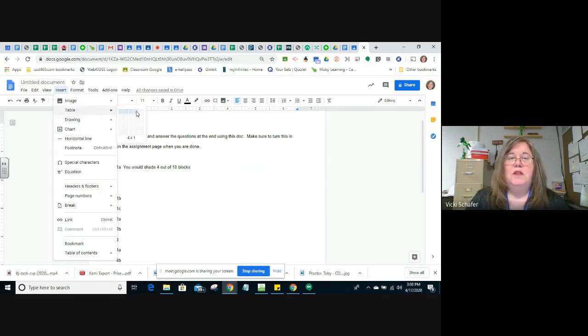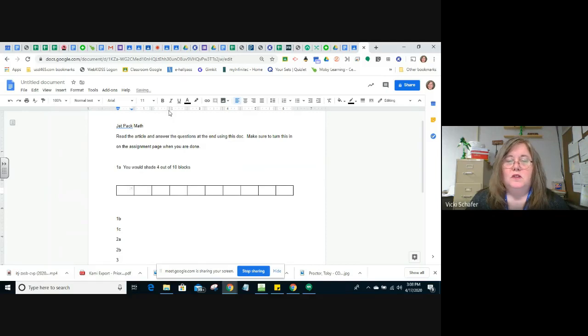Now the table that we need would be 10 wide, but only 1 thick. So there's our table. It has our 10 slots, and all we have to do is put an X in each one of the slots that we would do to show 4 out of 10. Ta-da!